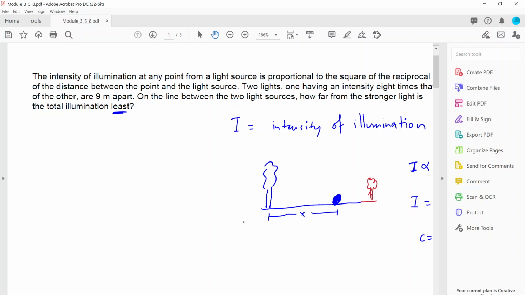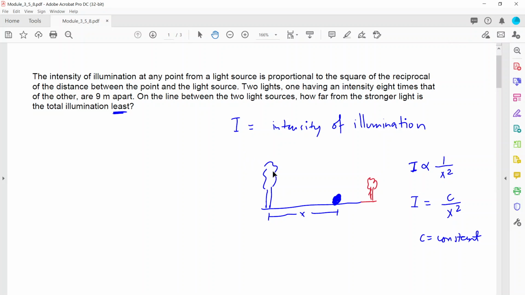I'm drawing this light source smaller than this one, because in this problem one has an intensity 8 times that of the other. So it has intensity 8 times this one.